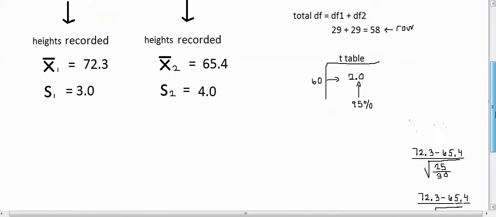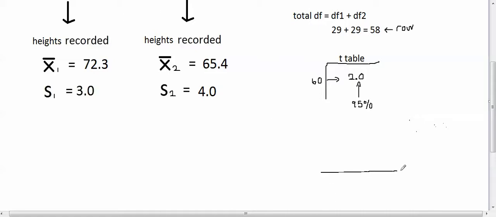What I do now is I take this critical value, which I looked up, which is 2, and I mark it on a number line, because the question asks you to mark it on the number line. I'm going to mark off 0 in the middle. Up here, I'm going to mark my critical value, which is positive 2.